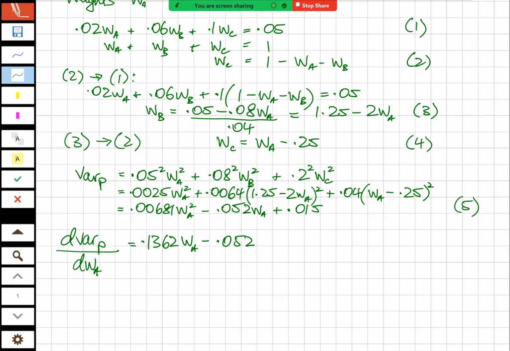Now we're going to set this to 0 and solve for WA. This gives us WA equal to 0.052 on 0.1362.